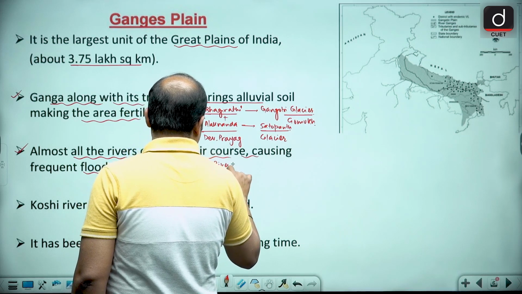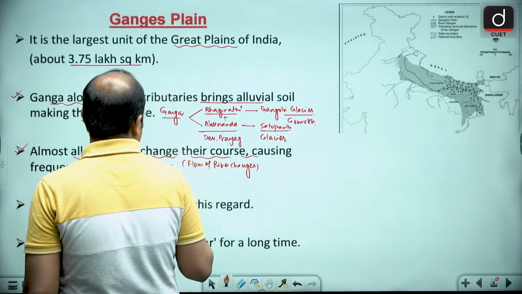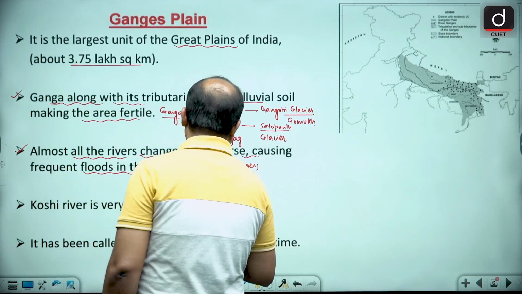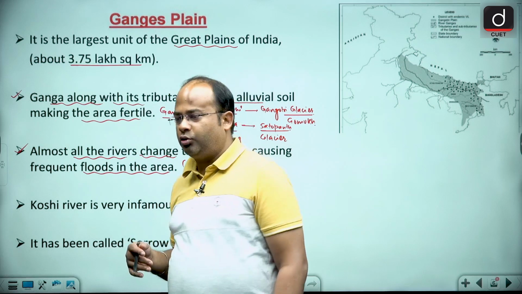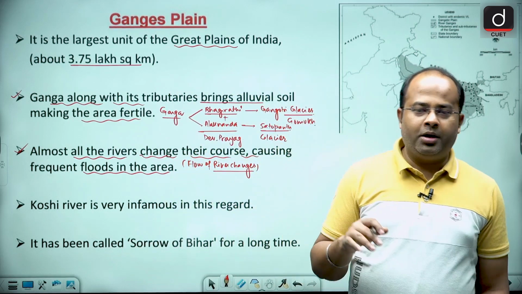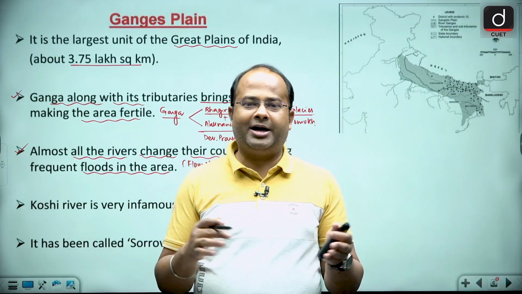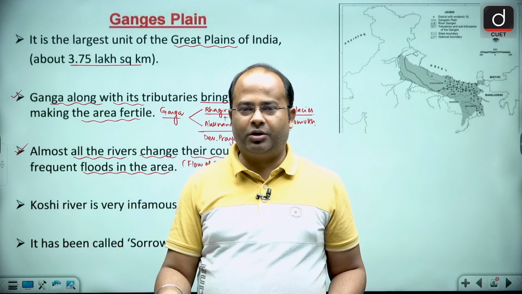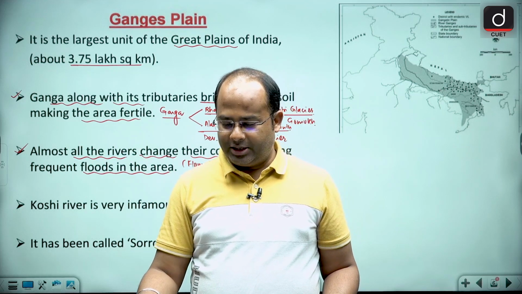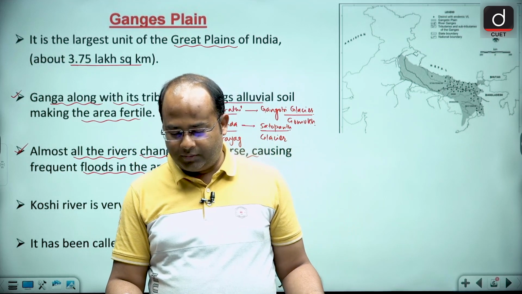For example, for around 8 to 10 years a river was flowing through one particular path. After this they change their direction and start flowing towards a different way.